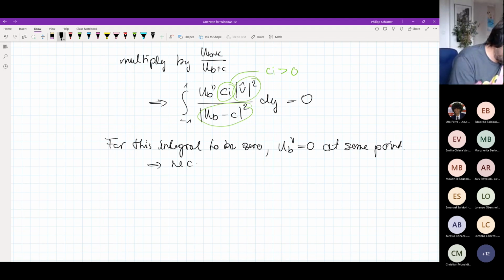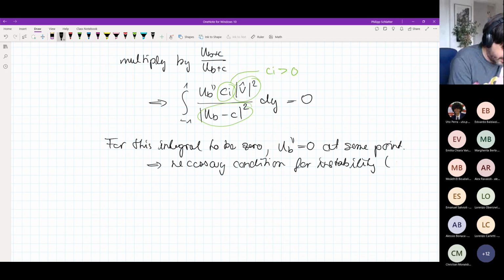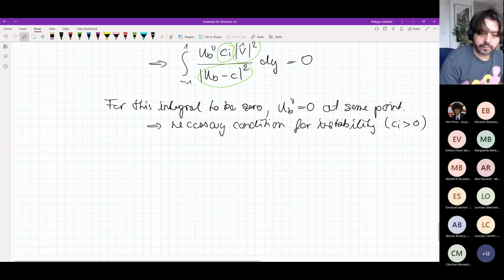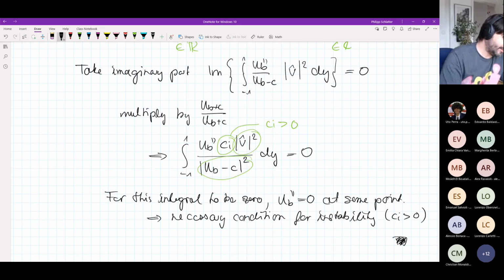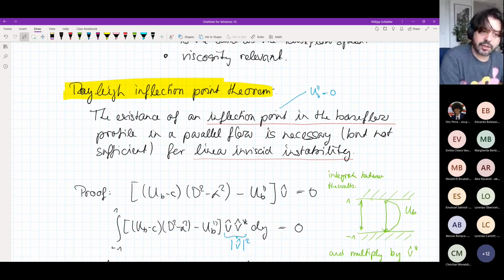So this will be only a necessary condition for instability. And of course, instability means Ci being larger than 0. And with this, we have proven our statement, namely that this Rayleigh inflection point profile theorem holds true. Any unstable profile needs to have an inflection point, and then it could potentially be inviscidly unstable.